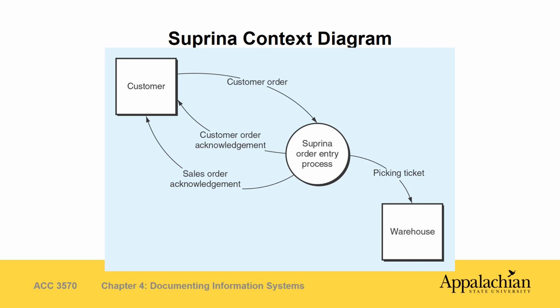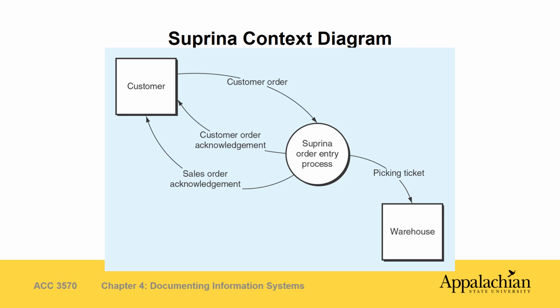If you remember from the narrative, customer order acknowledgement is sent and sales order acknowledgement is sent from the system. Then it works its way through the internal processes. The picking ticket is done and sent to the warehouse, which is the final external entity that picks the goods and ships them to the customer.